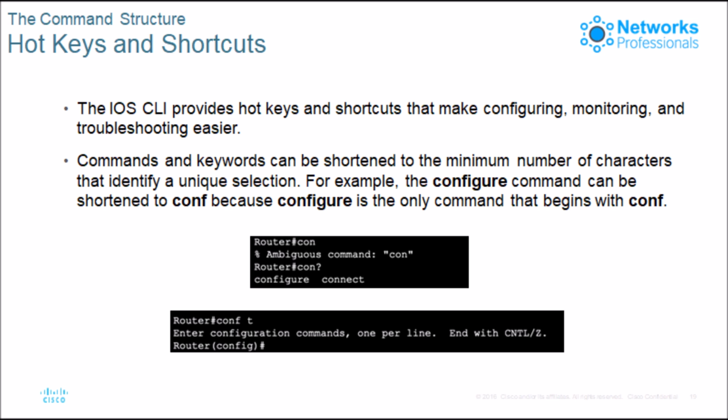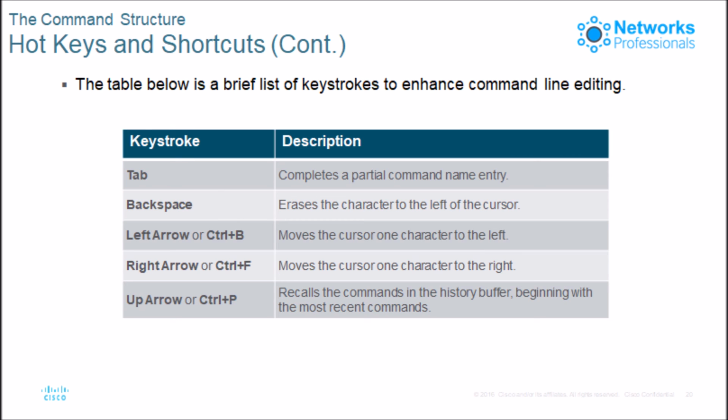For example, the configure command can be shortened to conf, C-O-N-F, because configure is the only command that begins with conf. But if you use an even shorter version, con, it would not work because more than one command begins with con. Keywords can also be shortened.